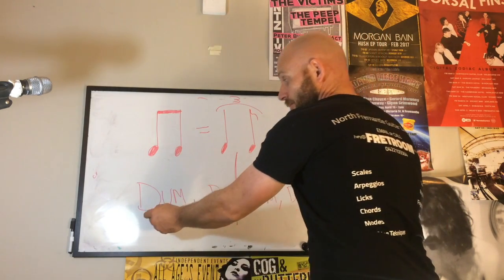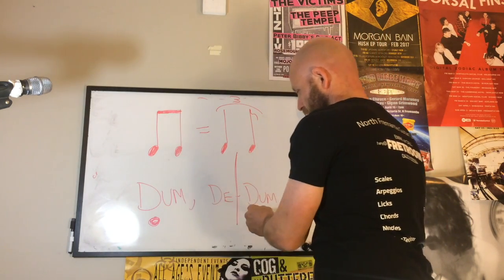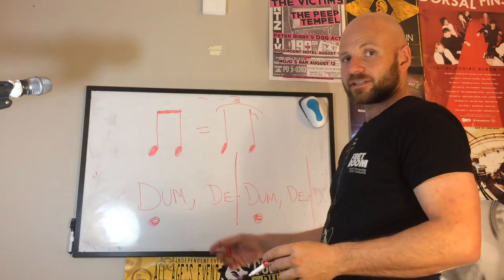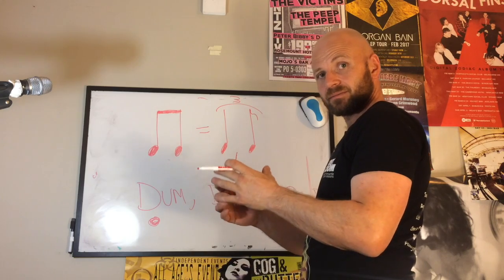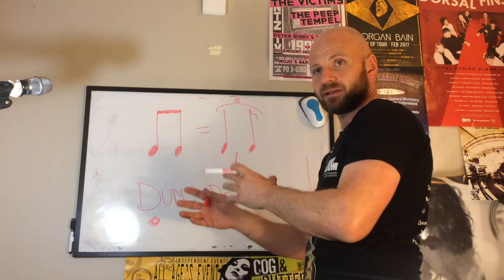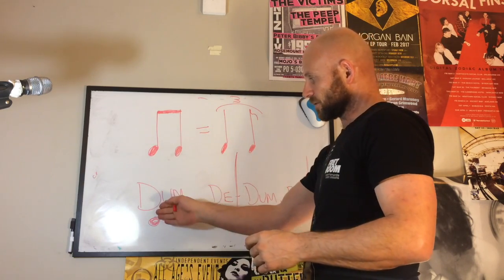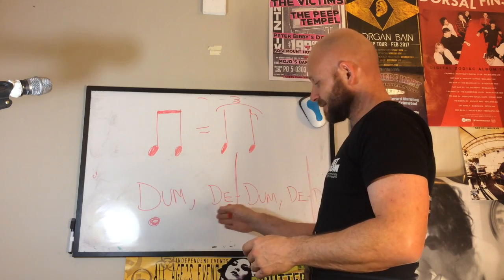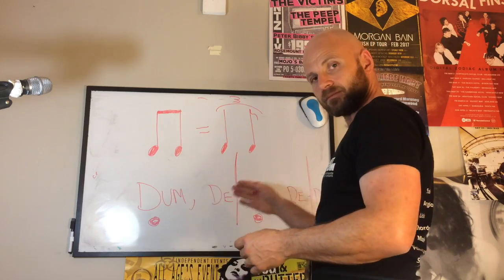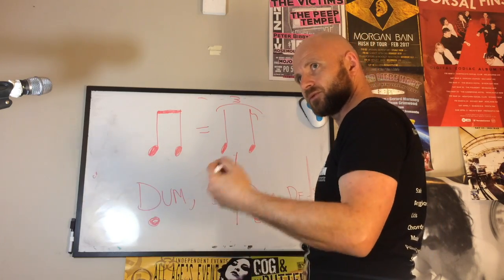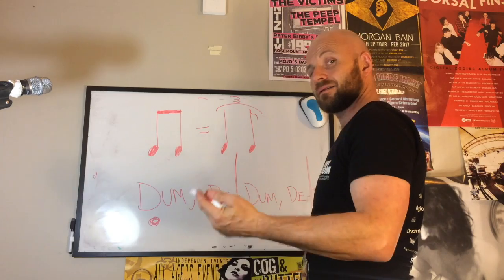So the dum references the beat, and the de is in between that first beat and then the next beat, somewhere just after. So on the beat, somewhere just after, then the next beat, and then somewhere just after. Like a heartbeat rhythm.